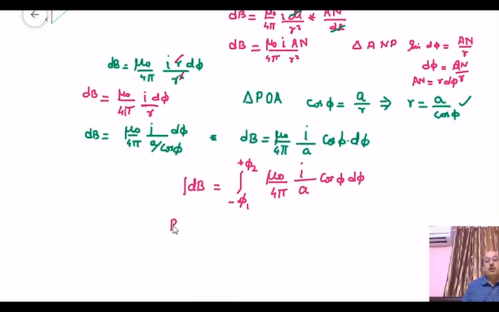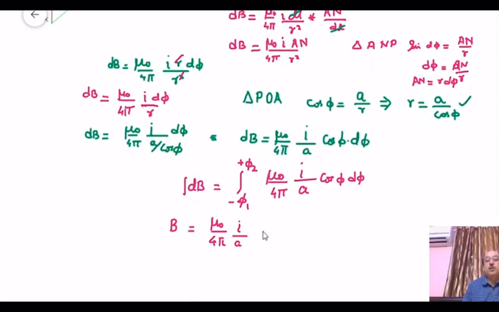So B is equal to mu naught by 4 pi, I by A. All these are constant. I is the current flowing in the conductor wire, which is constant, and the minimum distance of the point from the line is A. It is also constant.